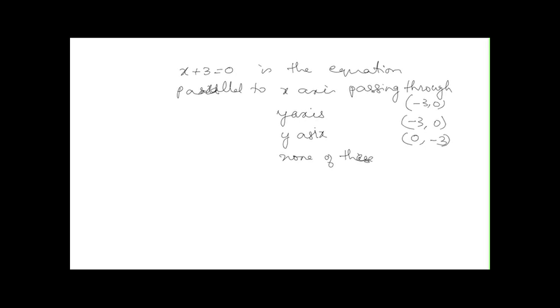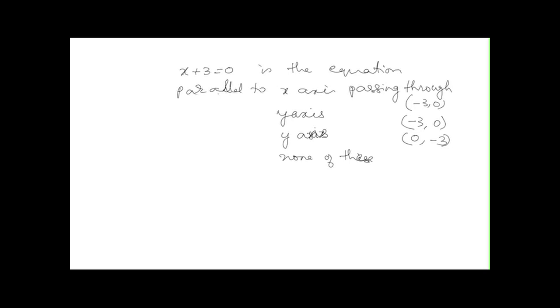So here the question is, x plus 3 equal to 0. No, Anjali has to answer. x plus 3 equal to 0 is the equation parallel to x-axis passing through -3, 0; y-axis passing through -3, 0; y-axis passing through 0, -3.